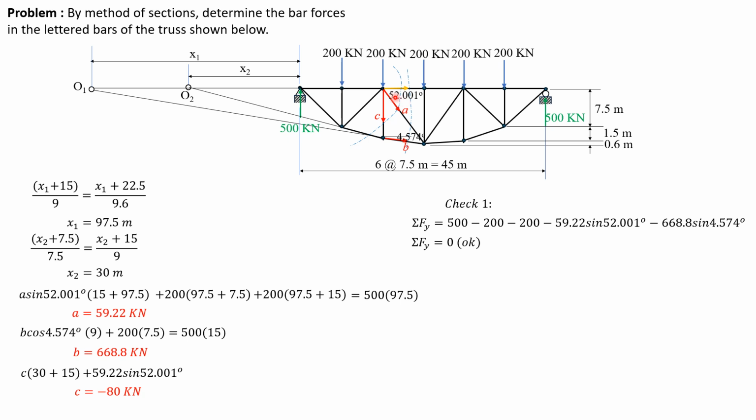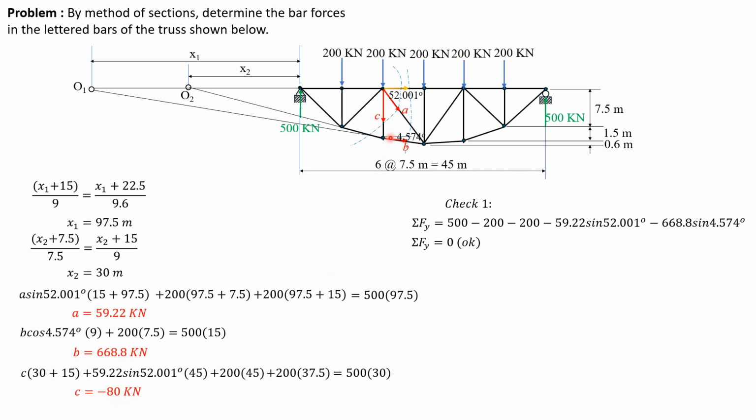The moment arm is the same, 30 plus 15, which is 45. Then plus the moment of this load, 200 times 30 plus 7.5, plus the moment of this load, 200 times 30 plus 15, 45, plus 200 times 37.5, then equals 500 times 30. Solving for C, C is negative 80 kilonewtons, so it is compression.